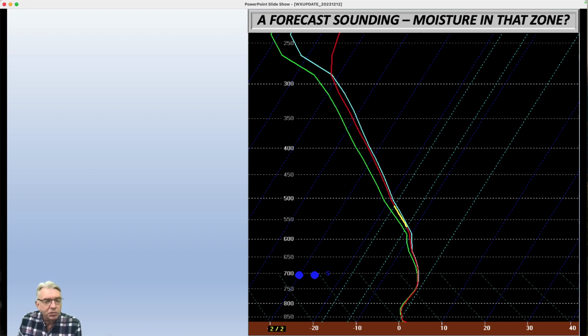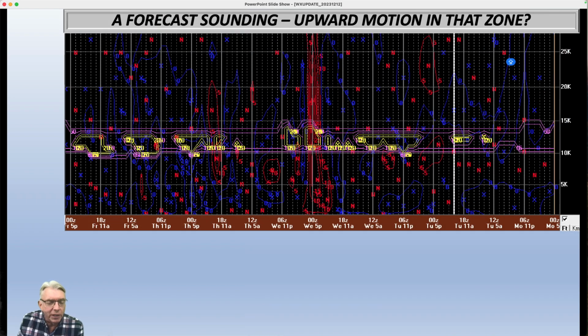Now, you can have saturation, but there's one more thing that you need in order to get those snowflakes to form. So this is a time series here, and it doesn't really matter what day or time it is, but this area that is outlined in pink is that minus 12 to minus 18 degrees C range. Where that range is shaded in yellow, that's where that zone is saturated. But then we have to look at a third thing: is there upward motion in that area, okay?